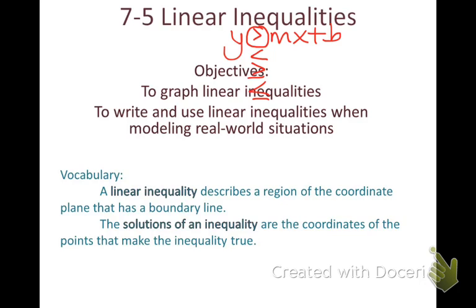But this time, the line might not work, but the parts on the bottom or on the top might work, or the line might work and the bottom or the top could work. And we'll discuss it. We're going to use highlighters to help you figure out if it goes on the bottom or the top. The solutions of an inequality are the coordinates of the points that make the inequality true.